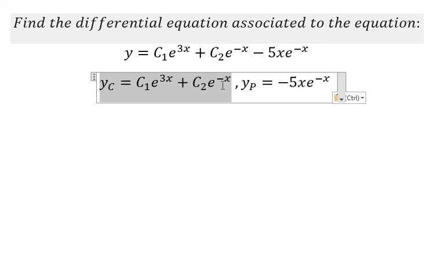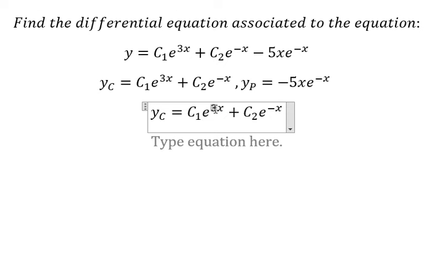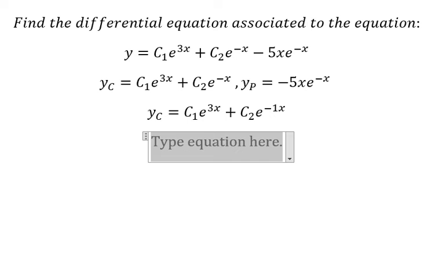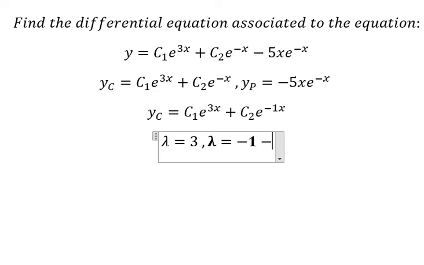So I will concentrate on this one. We know that we have number 3 and negative number 1. That means we have lambda equals number 3 and lambda equals negative number 1.